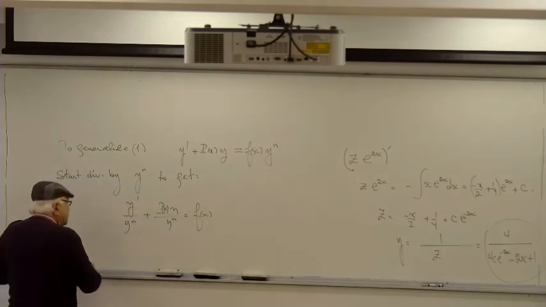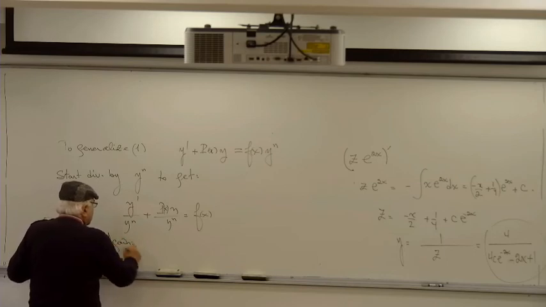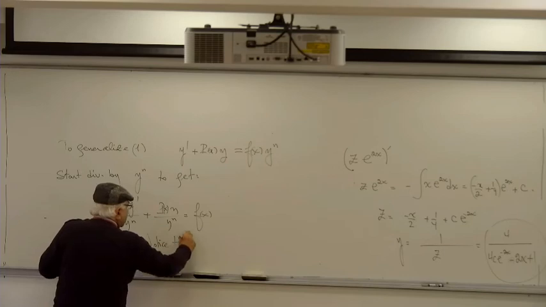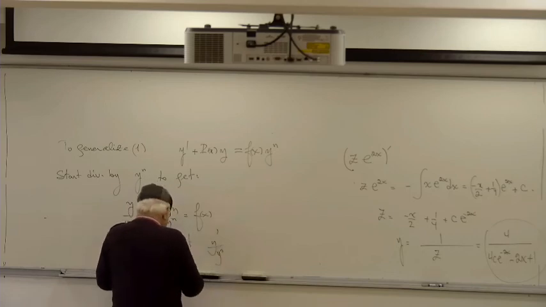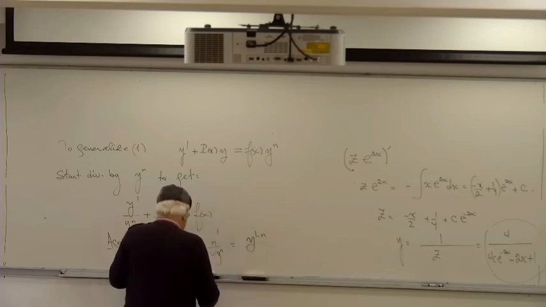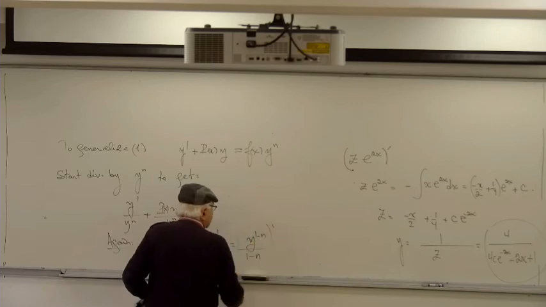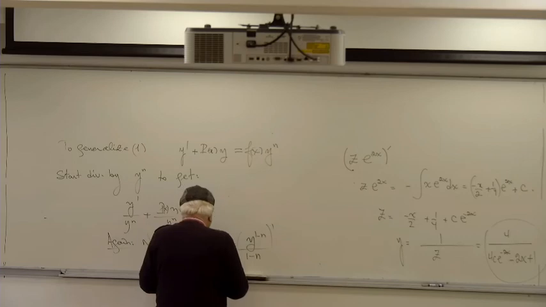Again, notice that y prime over y to the n may be written as (y to the power 1 minus n divided by 1 minus n) prime, again using, of course, the chain rule.